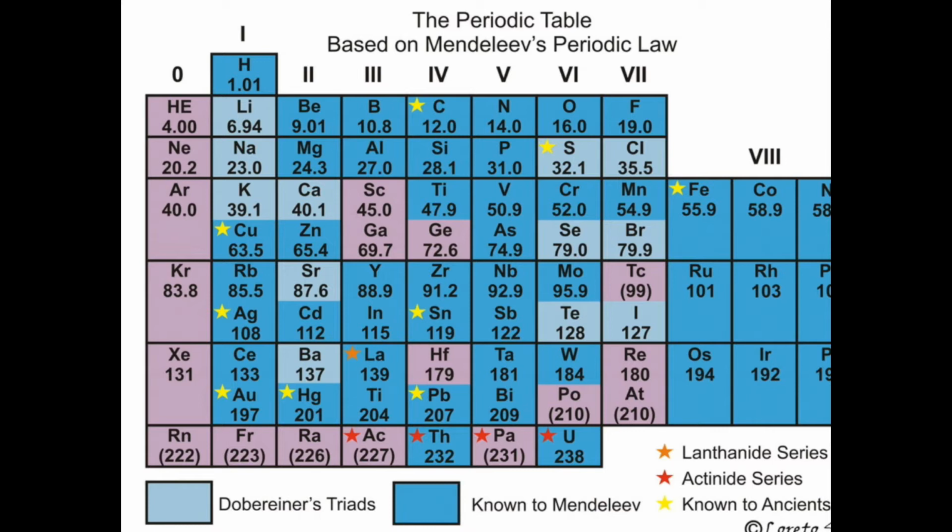The main thing he did was not only predict the elements which could be discovered later, but he was also able to work out their atomic masses. He said that the missing elements would have these atomic masses, and based on the position he was able to predict the properties of those elements.